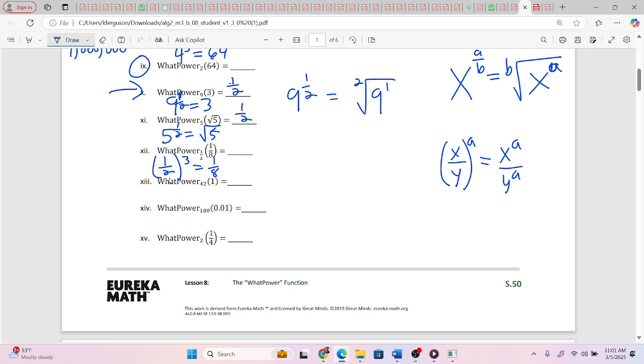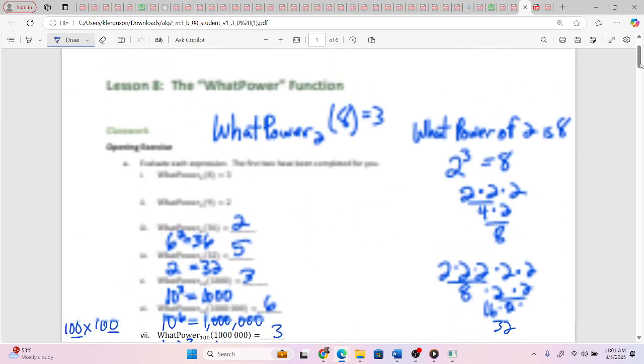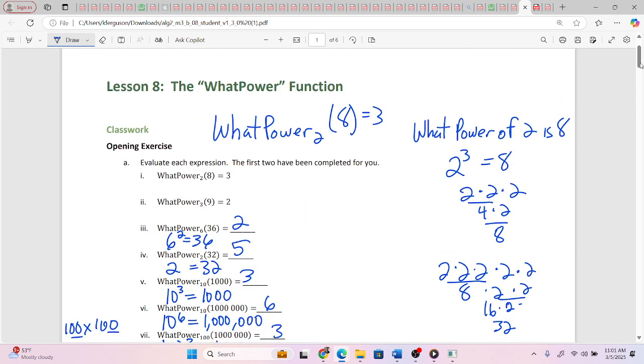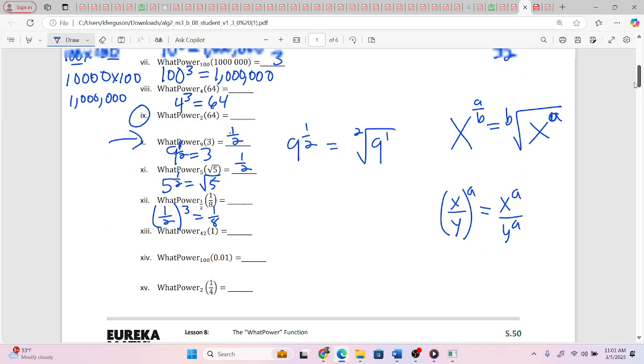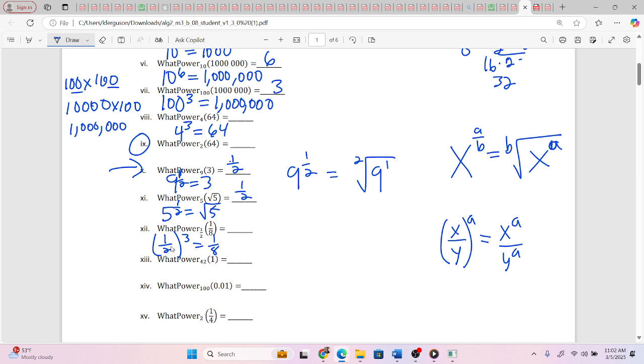But 2 to what power gives me 8? 2, as we said earlier, to the third power equals 8. So if I'm looking at this fraction and I can separate them, I think of what power of 2 will give me 8 on the bottom, because the 2's already on the bottom.